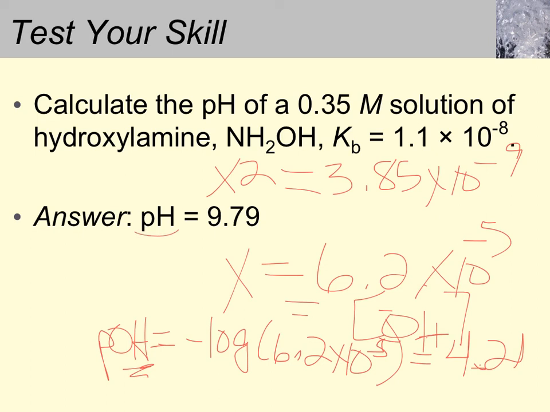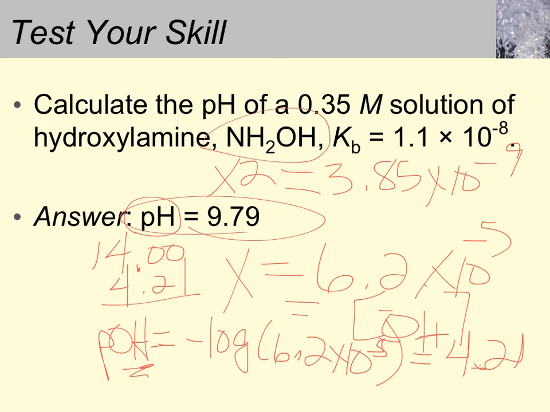Then pH, of course, would be 14 minus pOH, 14 minus 4.21. And here we go with our answer, a pH of 9.71, which is greater than 7, as a weak base should be. That is it for this lecture on ice tables. Please practice problems.